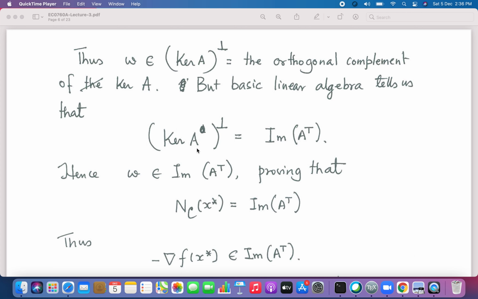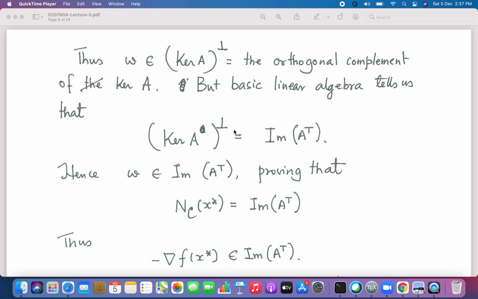We collect all those x's, and if you take the orthogonal complement of those vectors, that is, find all the y's for which the dot product between y and x is equal to 0, when we find all the vectors perpendicular to all the vectors in the kernel, that is exactly equal to the subspace image of A transpose.